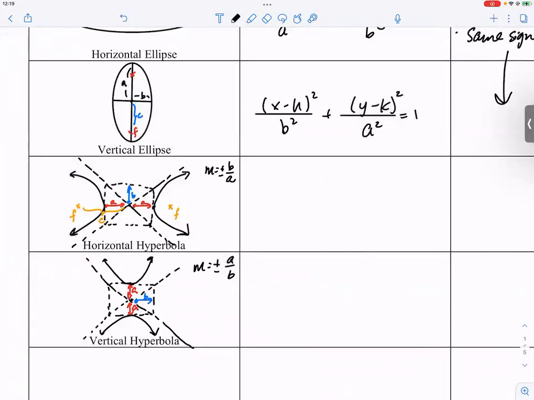All right, how is the standard form equation different from the ellipse equation? We say that's going to be a subtraction, right? It's going to be a subtraction, and A squared and B squared.